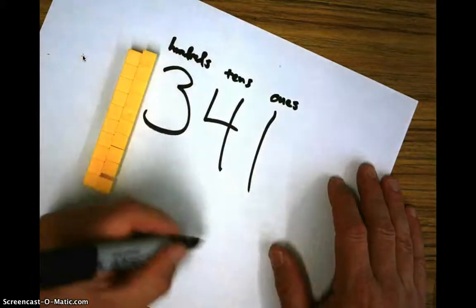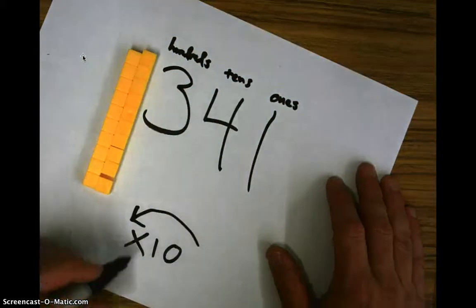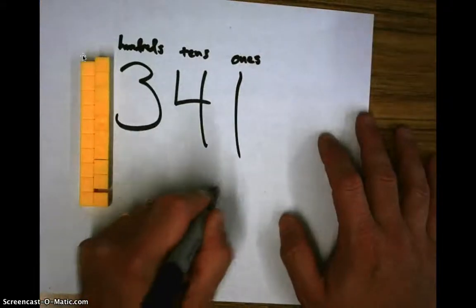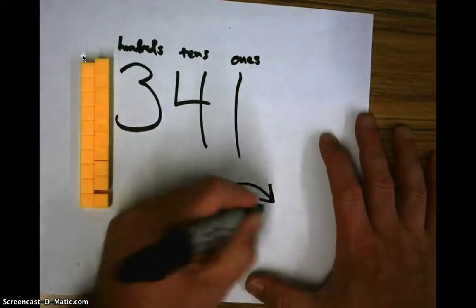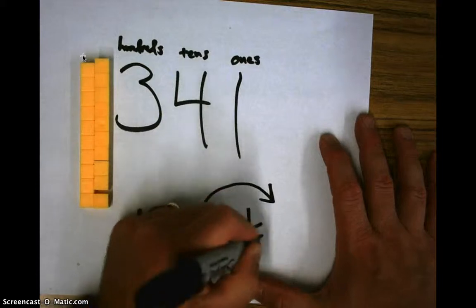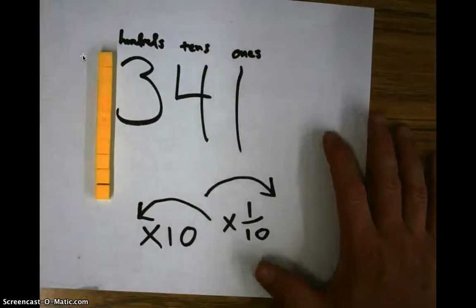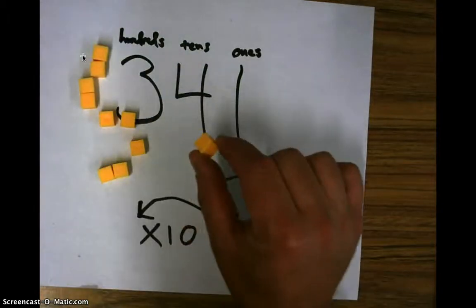So to move up, to move to the left, you go times 10. To move to the right, I am going to multiply again, but times 1/10. So I'm taking my 10 and breaking it into 10 even pieces and just taking one of them, 1/10.